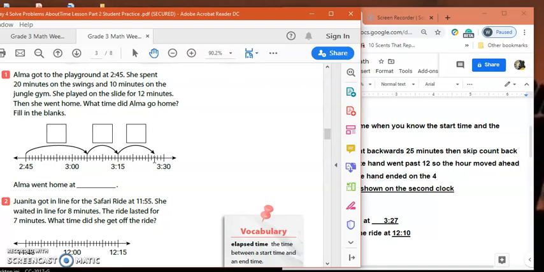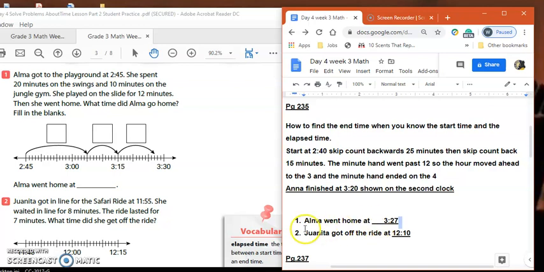So what time did Alma go home? Alma went home at 3:27 because when we got here, it was 15, 20, 25, 26, 27. So the time is 3:27. All right, let's go on to the next one.